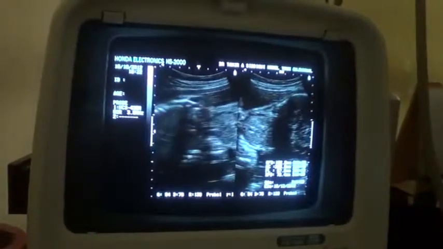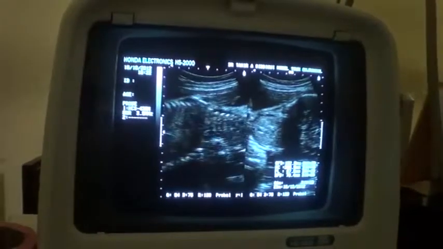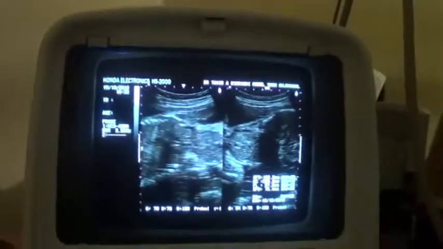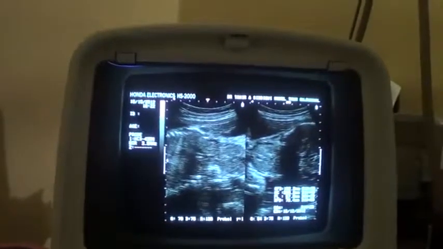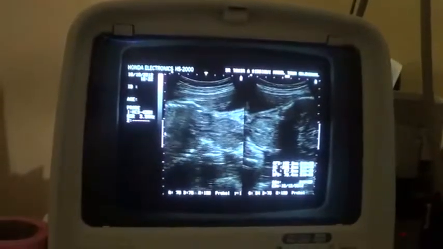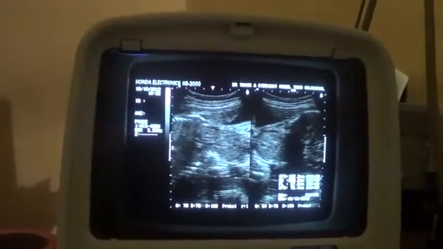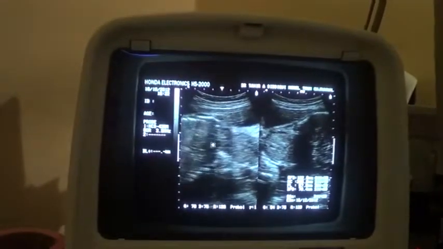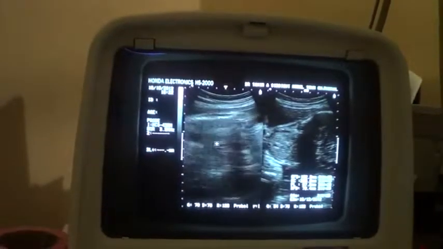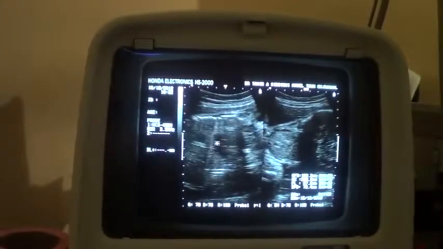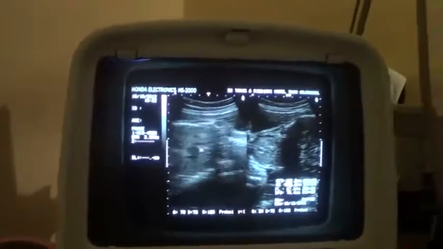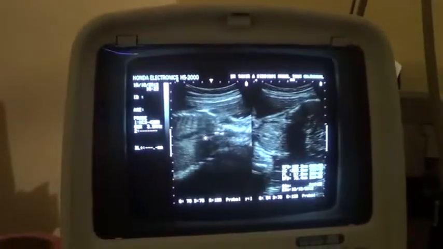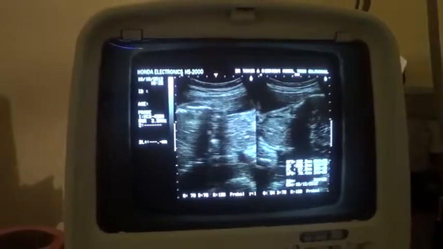Let me show you this pathology with the chest. Here you see. You can very well see the pulsation in these vessels. Here comes the heart. And this is the mass.